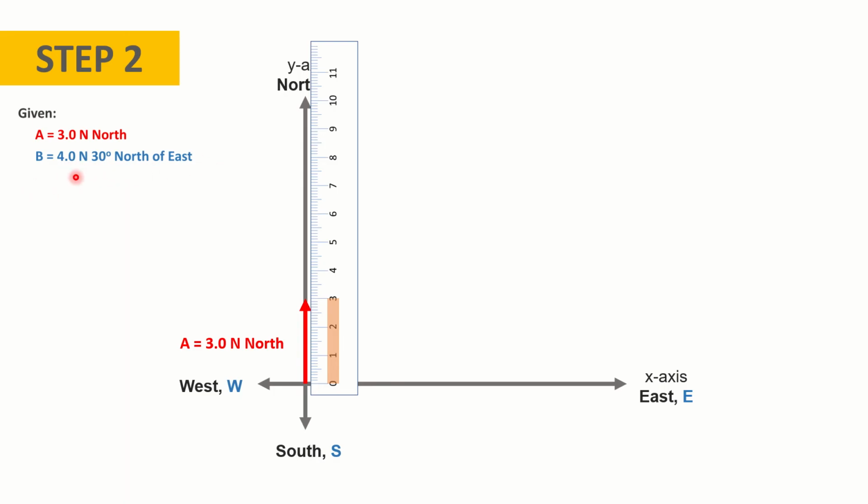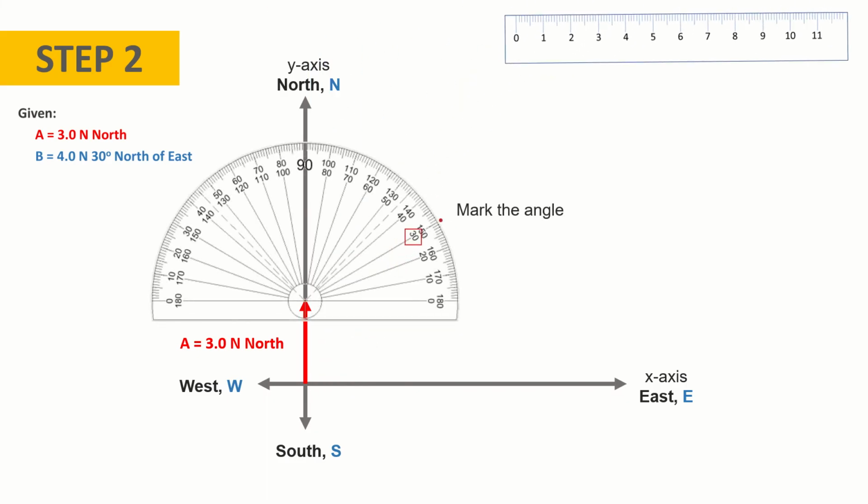If the vector exists at an angle, we need to first measure the angle and then sketch the vector together with its magnitude. So let's proceed with our next step, which is to measure the angle of our vector. We said vector B is 30 degrees north of east.